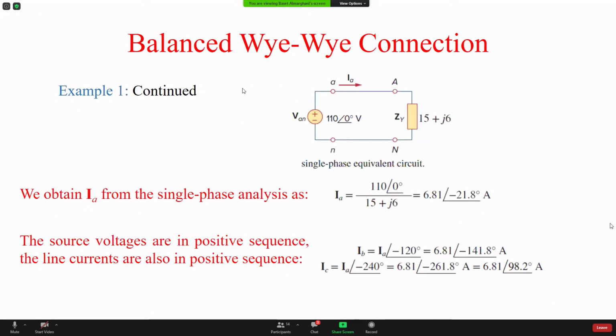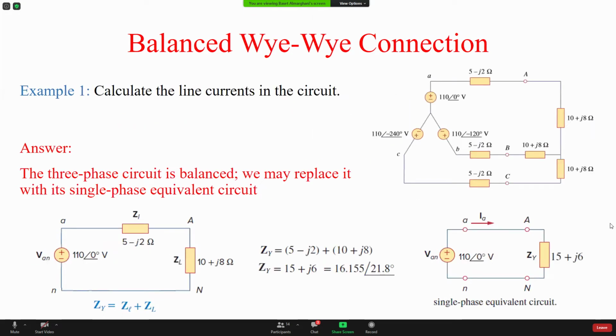Now, when we see the question, this question says calculate the line currents. What does that mean? They're going to look for the three line currents, IA, IB, and IC. In the line, this is the line, not in the load or in the source here. There are three currents.